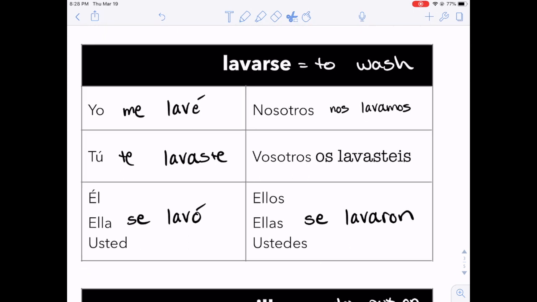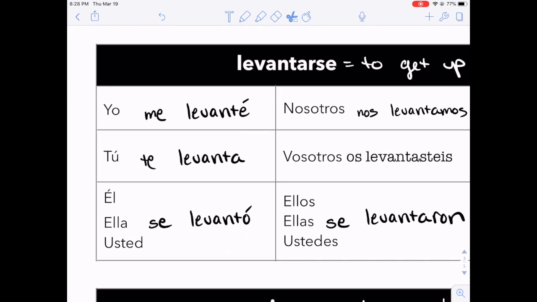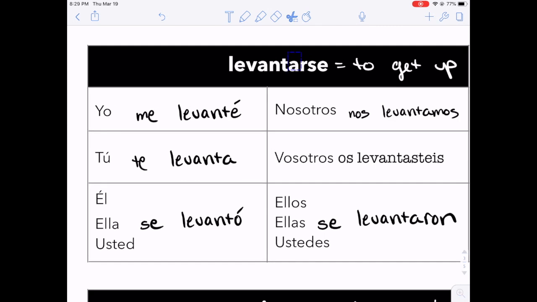Próximo tenemos lavarse, que significa to wash oneself. Yo me lavé, te lavaste, se lavó, nos lavamos, os lavasteis, se lavaron. Es un verbo regular. Levantarse también es regular con AR.